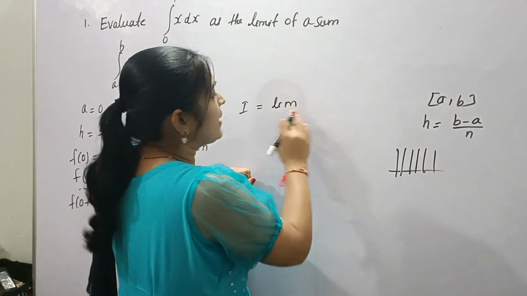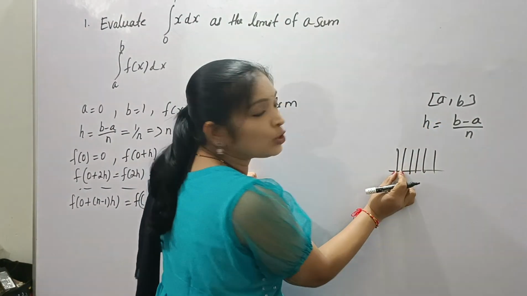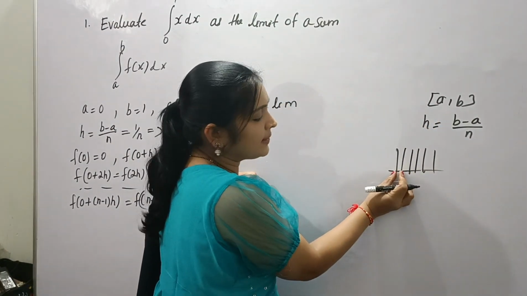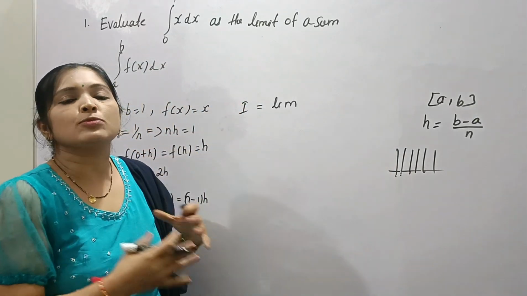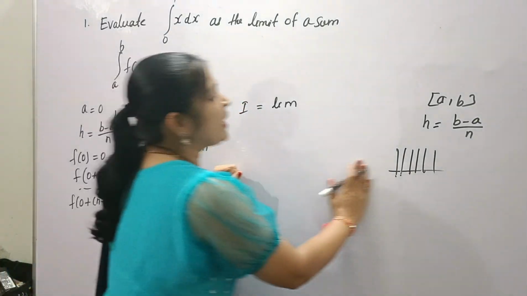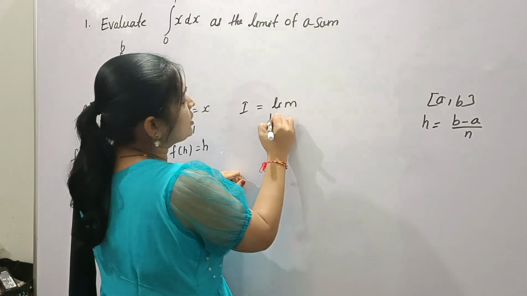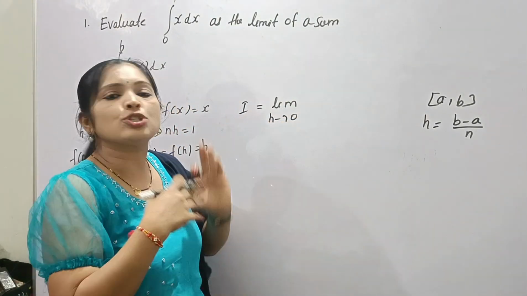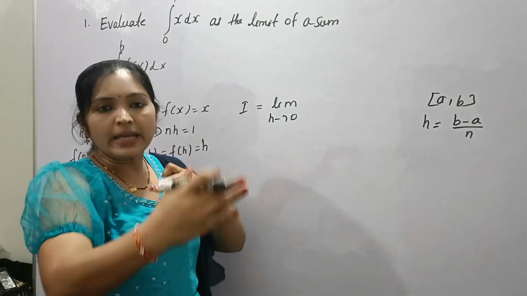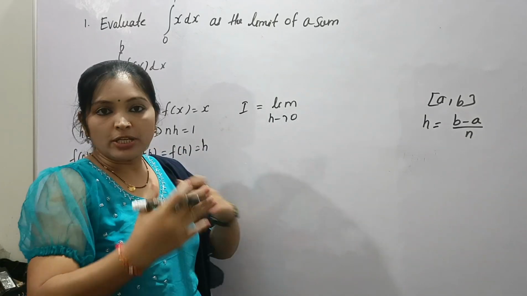Here h is nothing but the length of the subintervals. Therefore, when n gets larger, h becomes smaller and smaller. So we can write the limit h tends to 0. When n tends to infinity, h tends to 0.